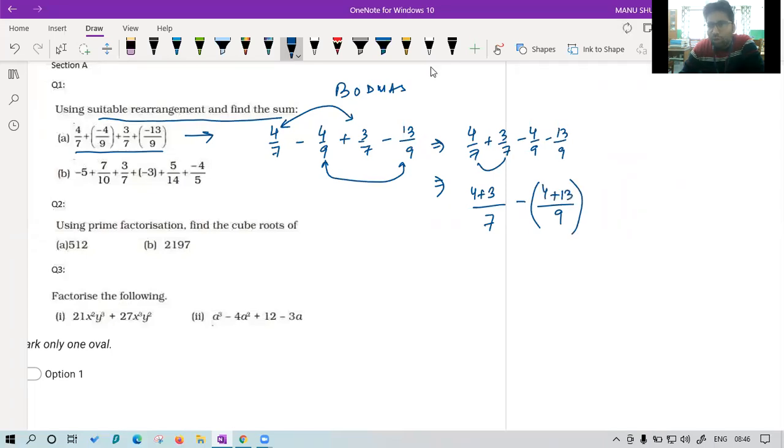Class, please tell me, are you able to understand this thing? Why we have positive inside now? Class, please confirm. I have taken negative common from these two because it would have been quite confusing if you go with both negatives. That's why I took negative common and it became 4 upon 9 plus 13 upon 9. And that's why I got this thing.